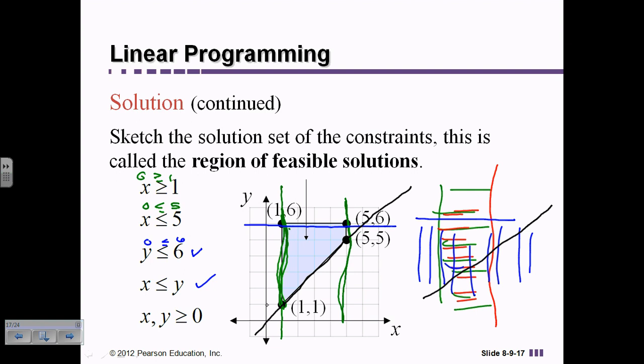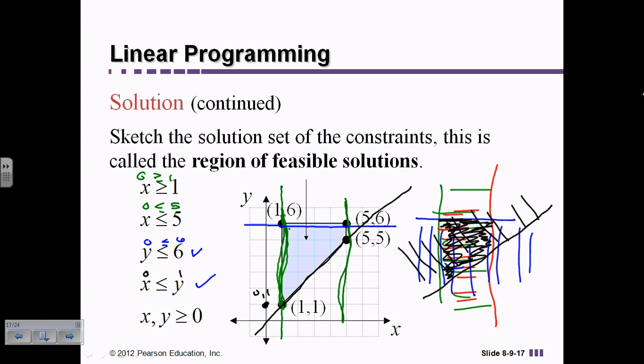So I'm going to pick this point right here, 0, 1. So 0 is x and 1 is y. 0 is less than 1 is true, so I'm shading above that line. What you'll notice is that right here in this region, this is the area where all of that information is overlapping.